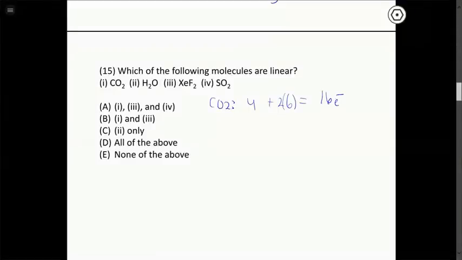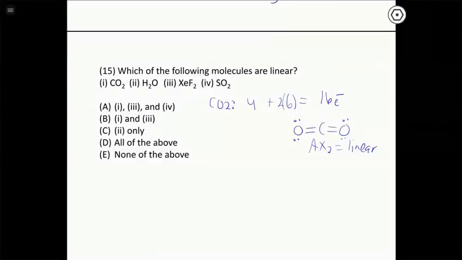And we've drawn this Lewis structure millions of times before. So CO2 has 2 double bonds, no lone pairs on the central atom. AX2. And remember that this is going to be linear. If we just have two things on the central atom, they want to go 180 degrees apart. So anything with AX2 without any lone pairs is going to end up linear.